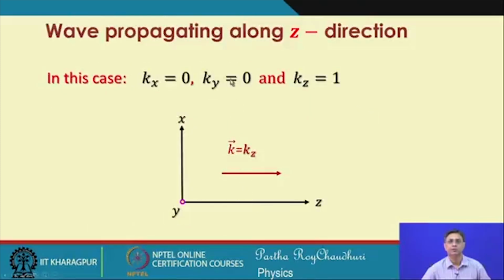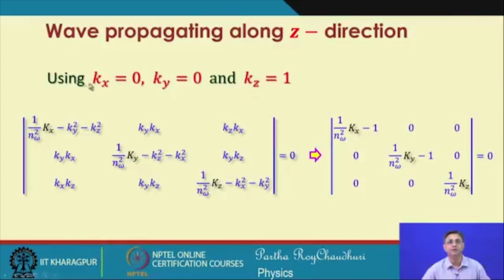So, when the wave is propagating along the z direction, then you have kz equal to 1, the only component which survives, because the component kx and the component ky are both equal to 0. Therefore, the wave is travelling in the z direction, as you can see in the schematic representation of the wave propagation.